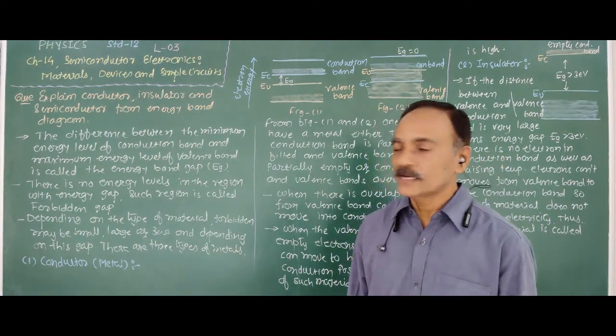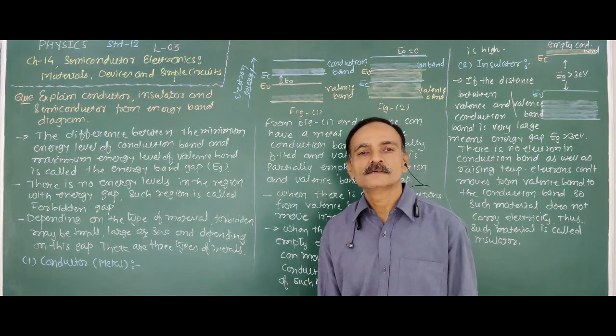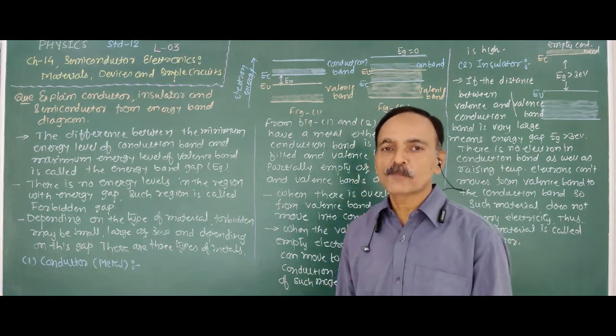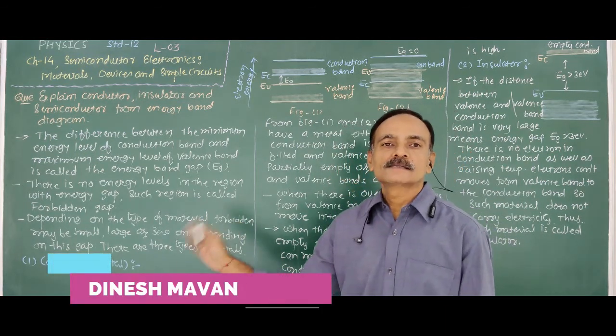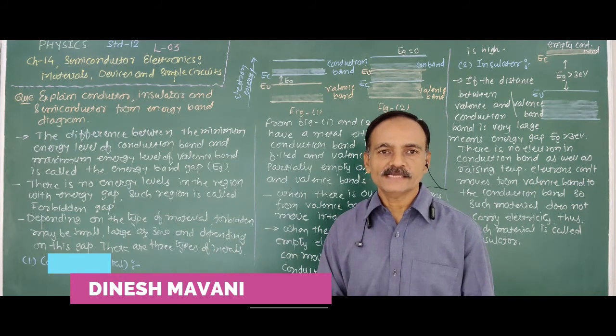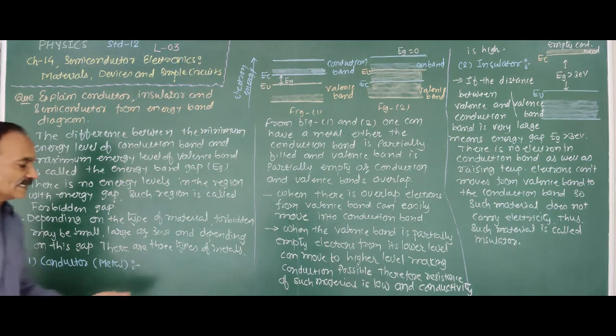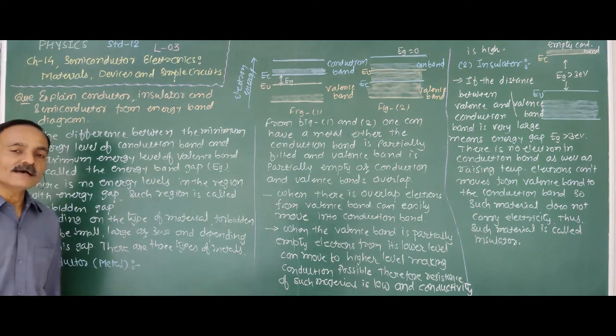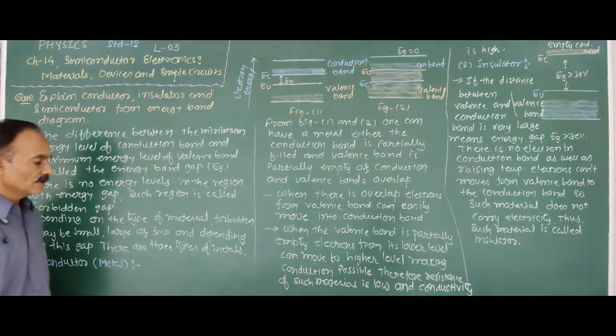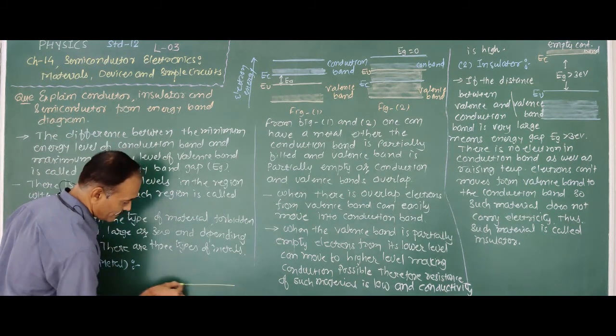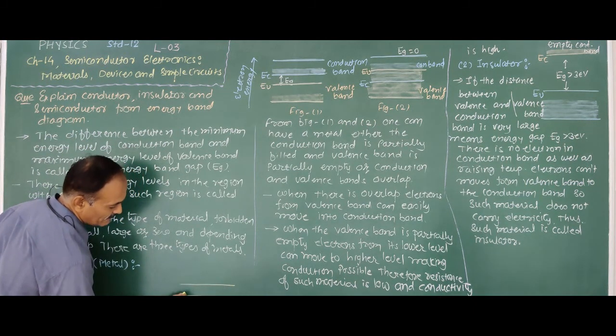Good morning friends. We already discussed the energy band diagram for materials, or the conductors. In the energy band diagram, the energy band containing the energy levels of the valence electrons is known as the valence band.